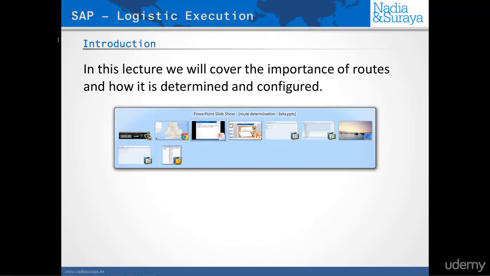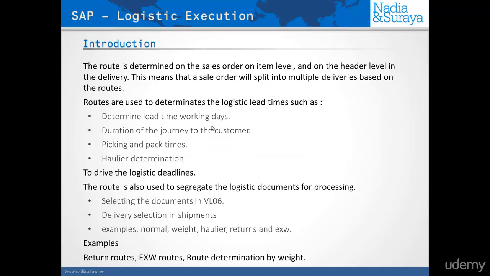Now, in SAP, a route is determined on the sales order on each individual item level. So each item could have a different route, or they could have all the same route. Be aware that when you create the delivery, that route is copied onto the delivery header.